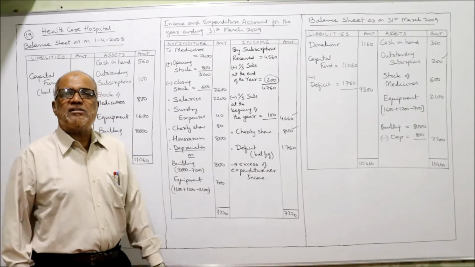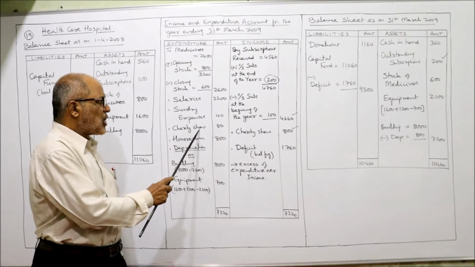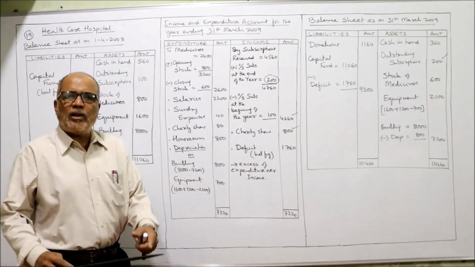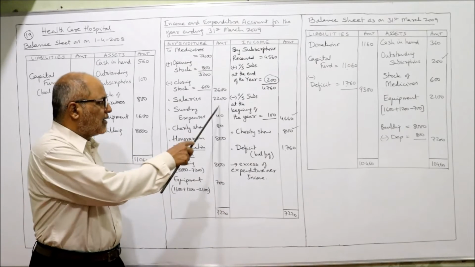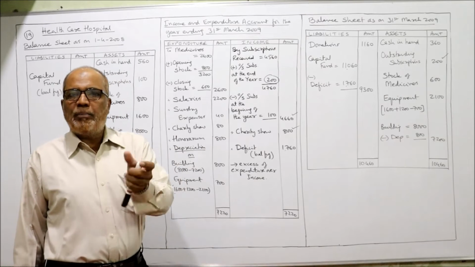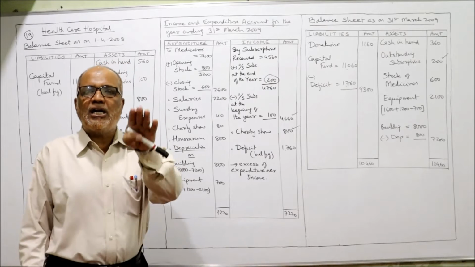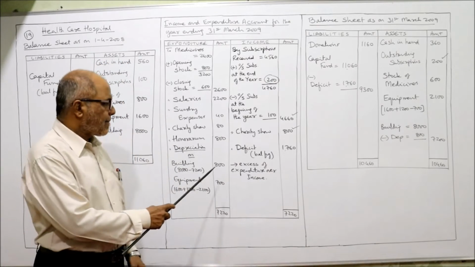Apart from that, on the payment side you can see salaries paid, sundry expenses paid, charity show expenses paid, honorarium paid. All these are the payments given, all are revenue payments. So we'll take it here. Now depreciation. If you compare the building value, beginning of the year 8,000, end of the year 7,200, decrease by 800. So we assume that is a depreciation.